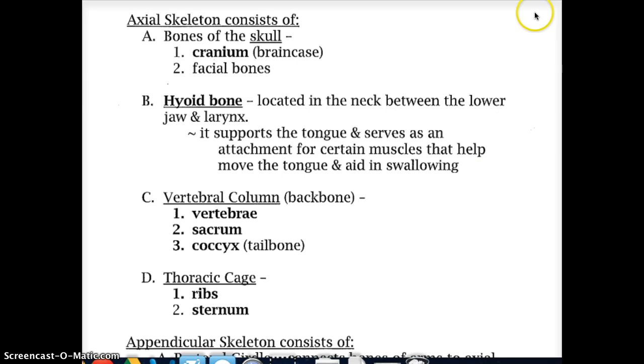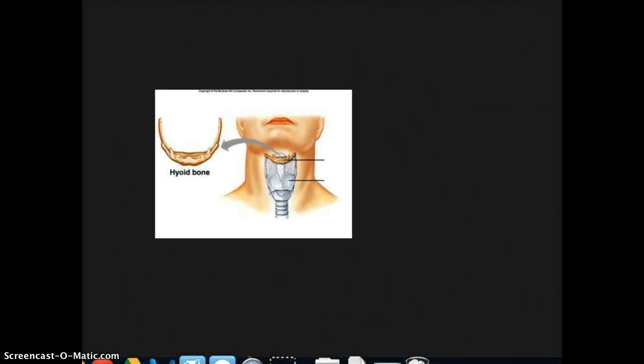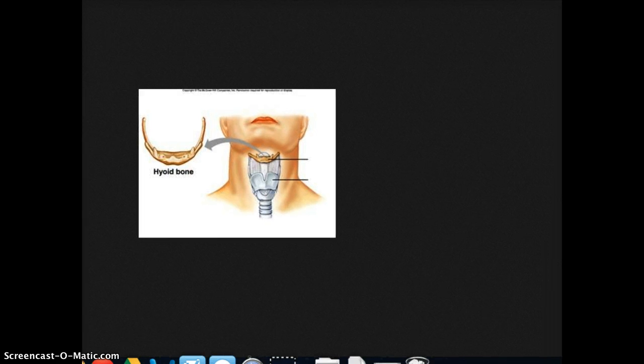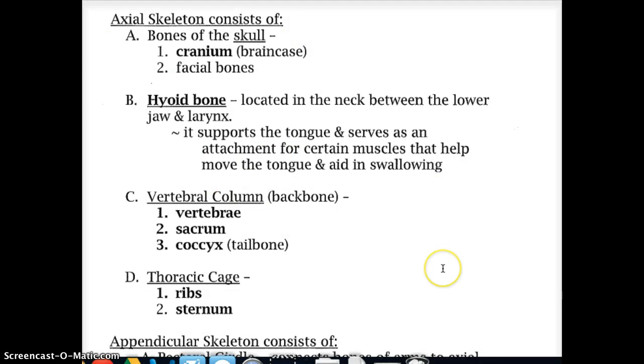Let me show you a picture of that. There you can see, I can enlarge it a little bit. Do you see how it sits? This would be like your voice box, and that hyoid bone just sits right there. I'm not sure if we can see it on the skeleton in the lab or not. All right, so that's the hyoid bone.